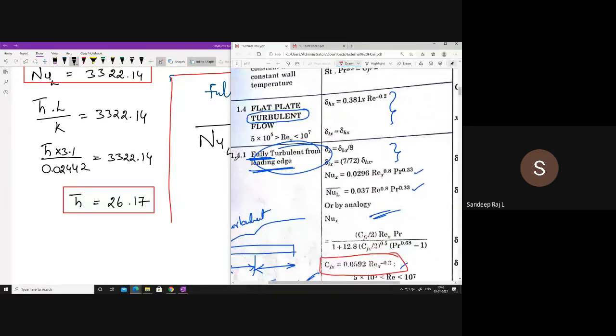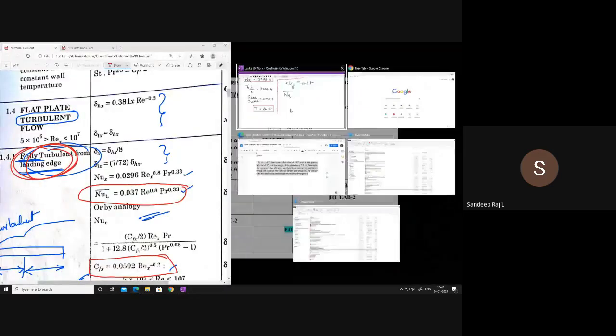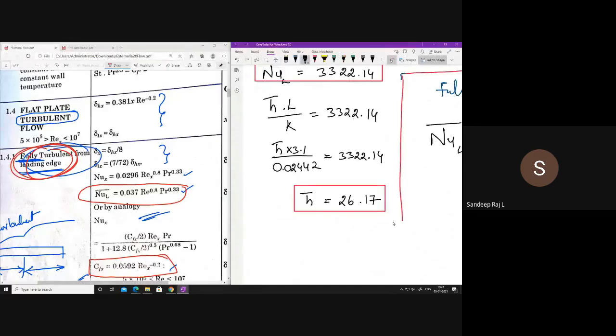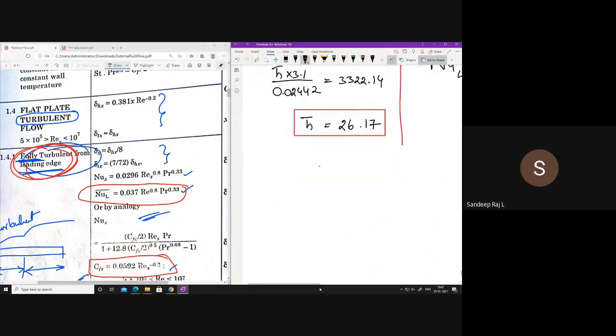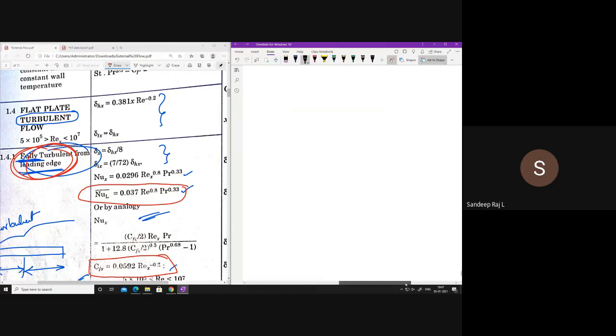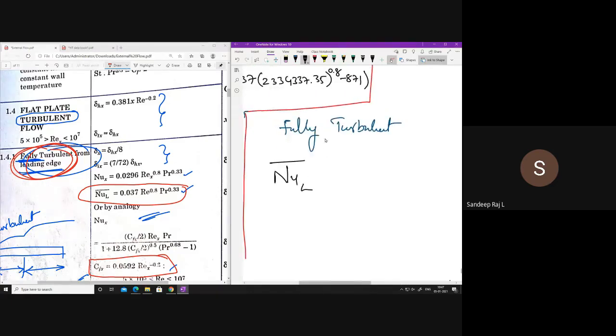This is your Nu bar formula, so write that Nu bar formula here. Nu bar is equal to 0.037 into Re power 0.8 into the Prandtl power 0.33.